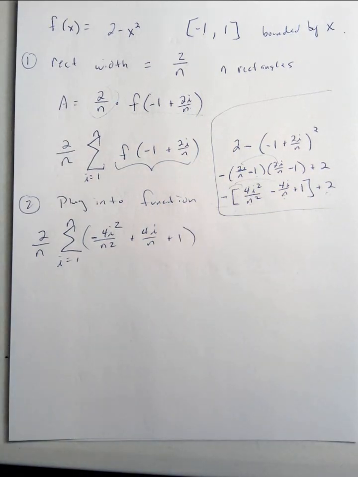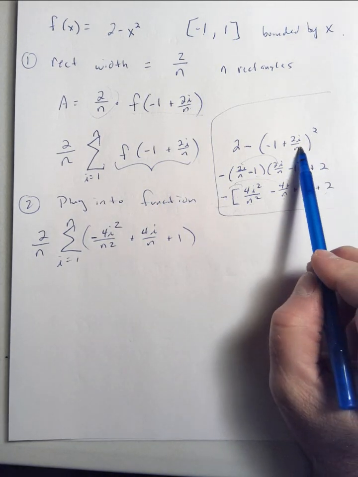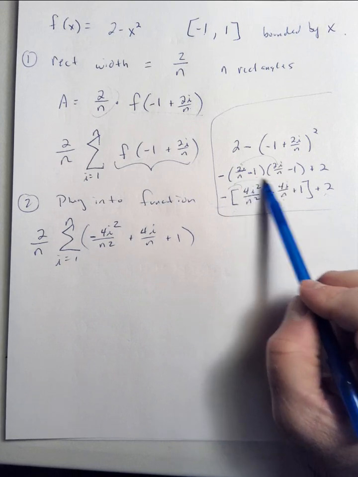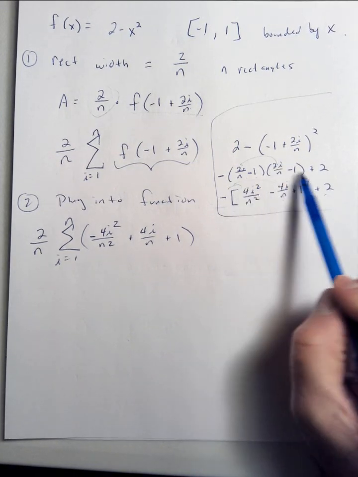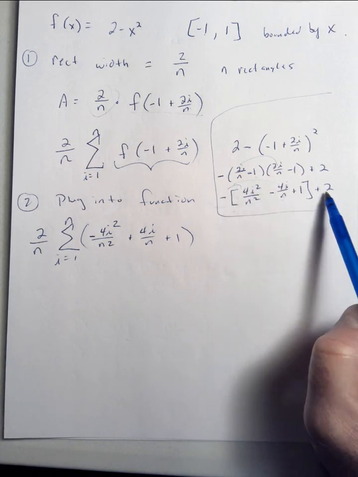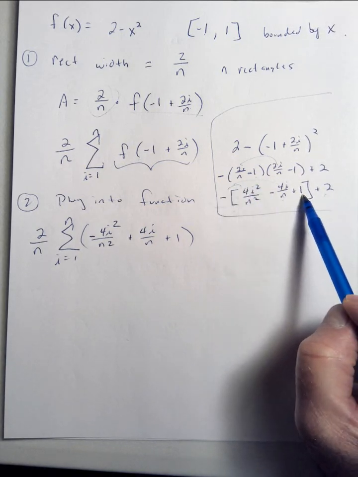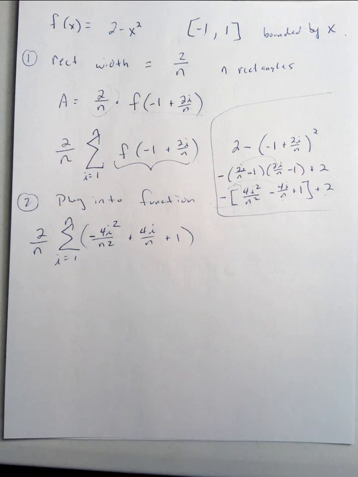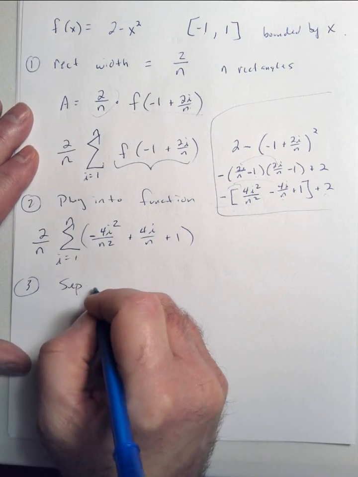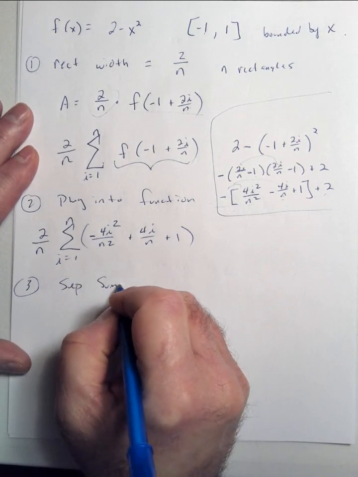So assuming my algebra was done correctly, which I'm going to double check. So I did 2 of these. Now I have 4i squared over n squared, minus 4i over n, plus 1, negative, positive, 2 minus 1, or 1. Okay, so we're looking good. Now, the next thing, separate summations.